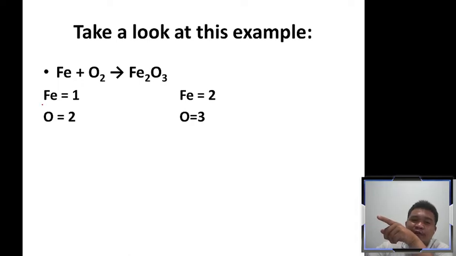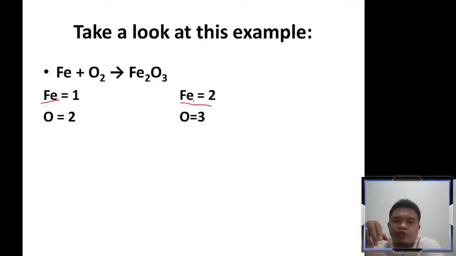So I'm going to look at Fe here first. As you can see, Fe here is 1, right? You see that? Fe here is 1. And at the same time, Fe here is 2.